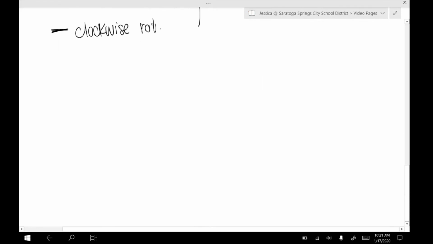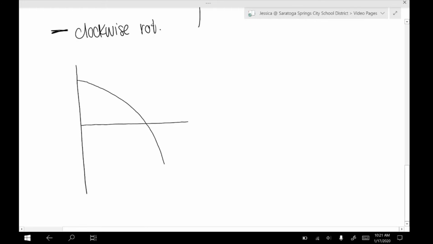So let's think about another example. Let's say I'm presented with a graph, and this is a position versus time graph. I'm told that this initial position, let's say, is 4 pi, and this final position here is -10.